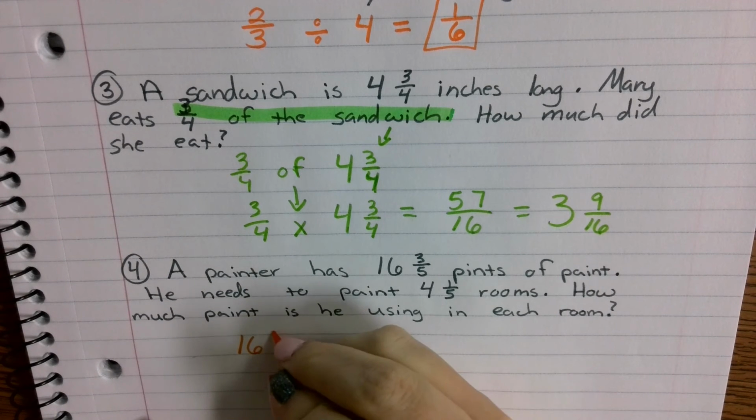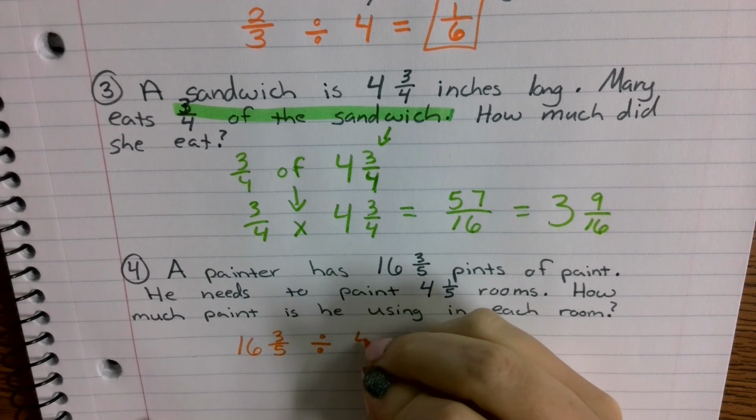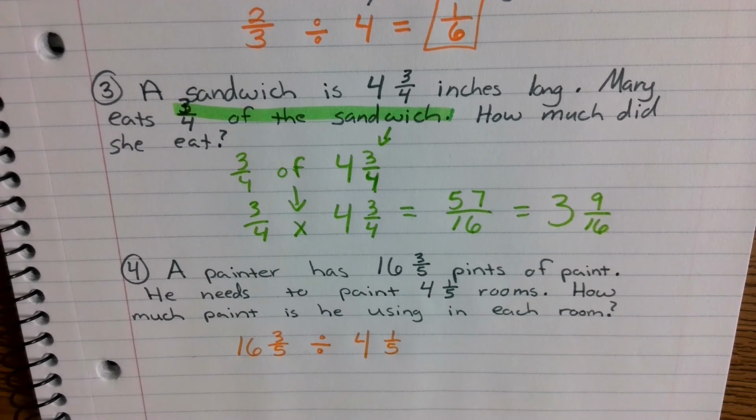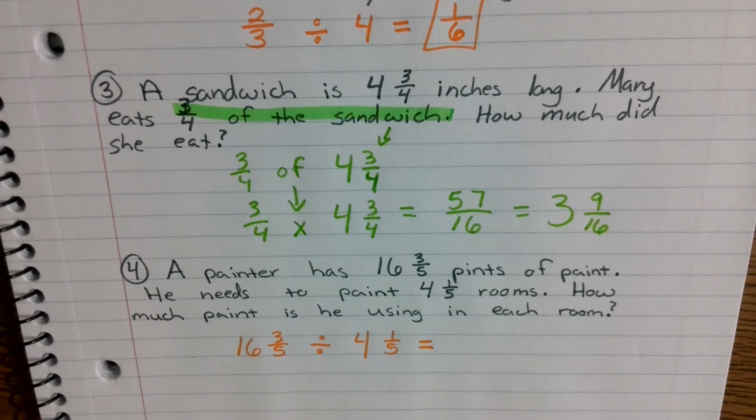So you're taking 16 3/5 and you're going to divide it by 4 1/5. Go ahead and do that right now.